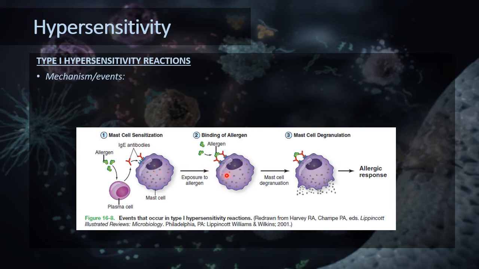When there is exposure to the allergen, receptor-bound IgE molecules are cross-linked by an antigen or an allergen. And third, we have the mast cell degranulation. The sensitized mast cells are stimulated to release granules containing histamine, leukotrienes, prostaglandins, and other potent chemical mediators, thereby producing an allergic response.